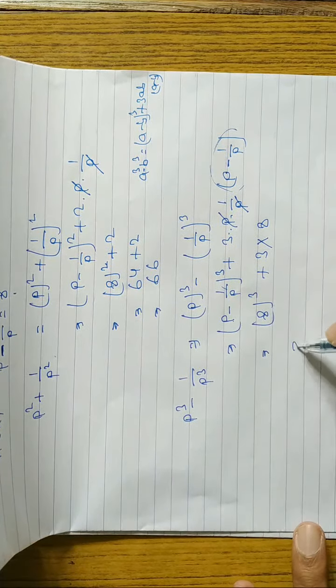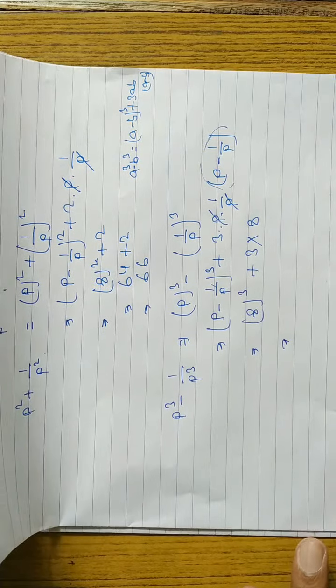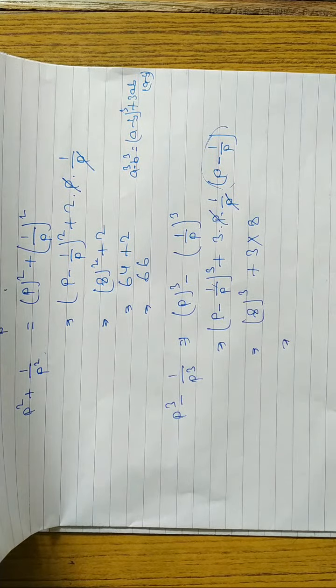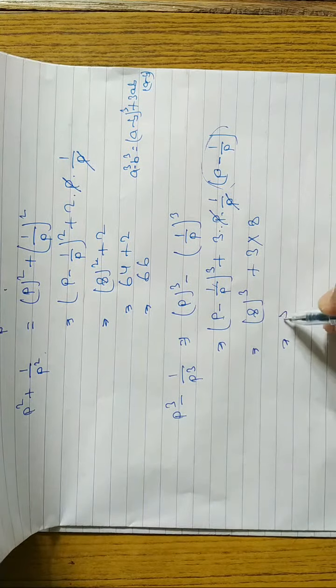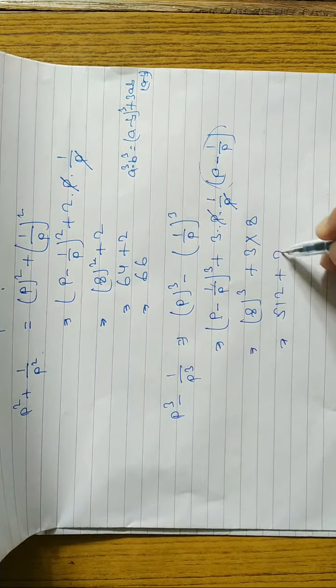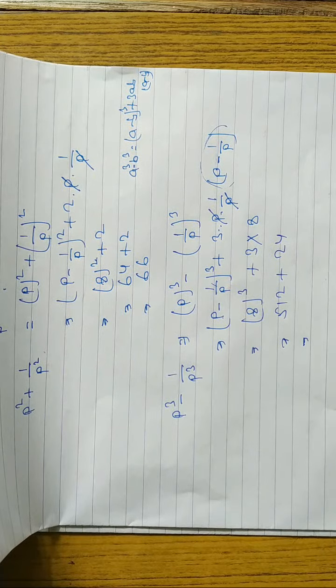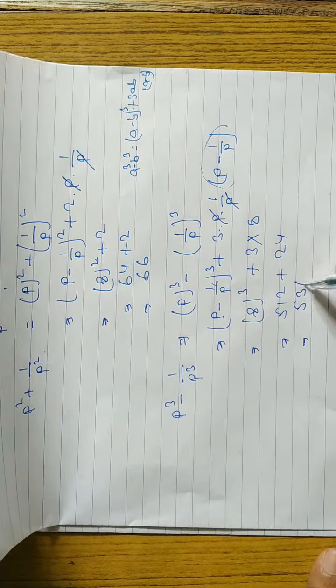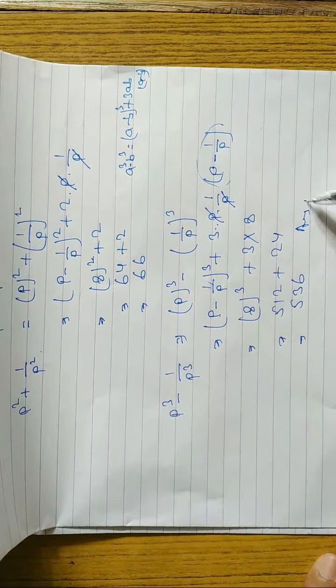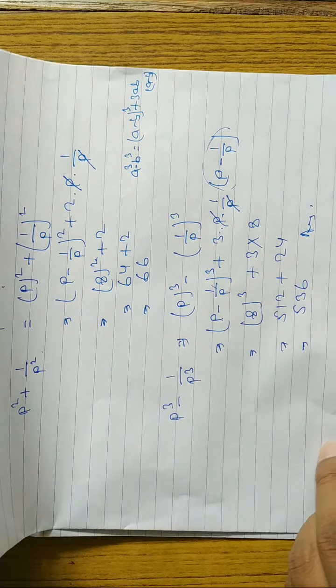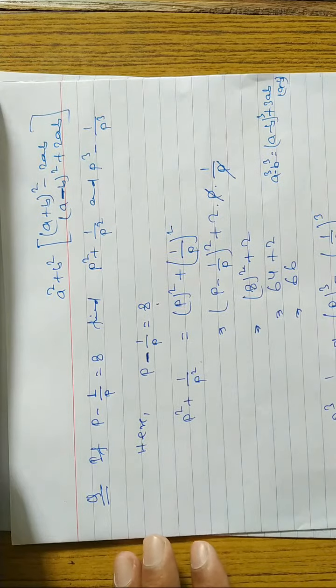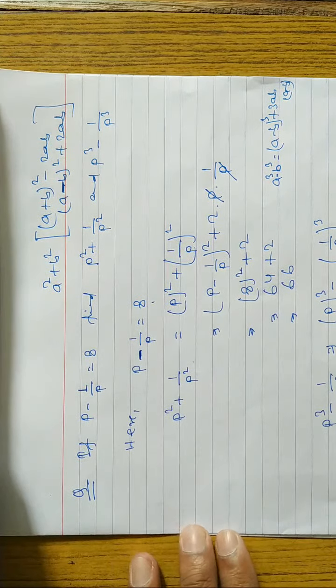After that, 8 cube, what is the value of 8 cube? 8 into 8 into 8, we get 512, plus 8 times 3 is 24, and when you add we get the answer 536.